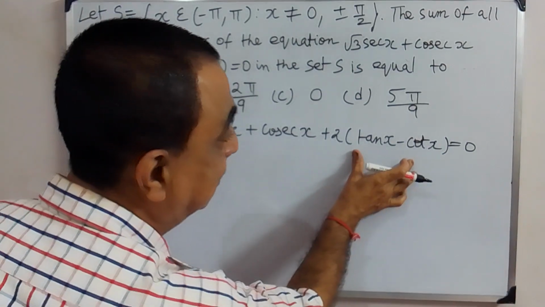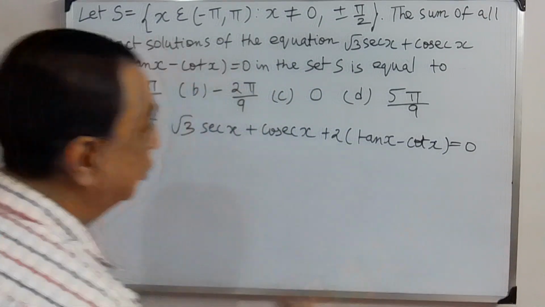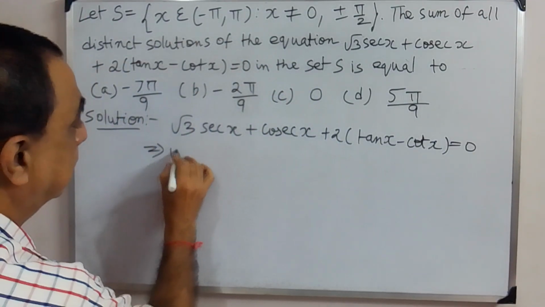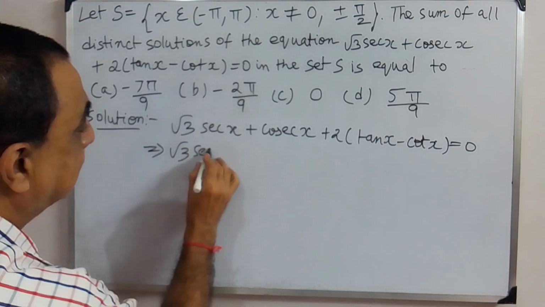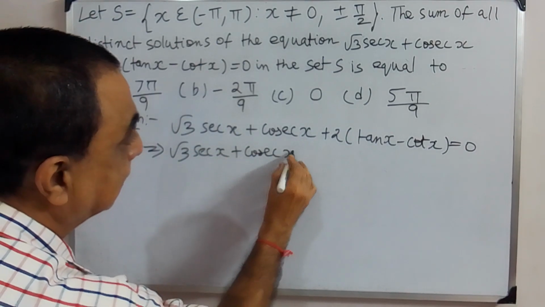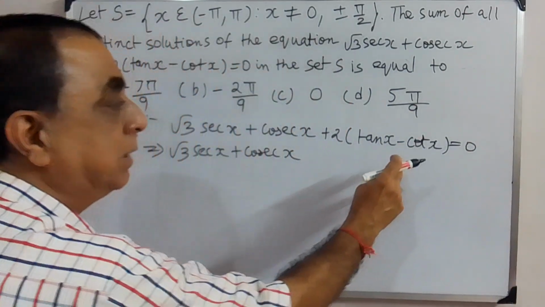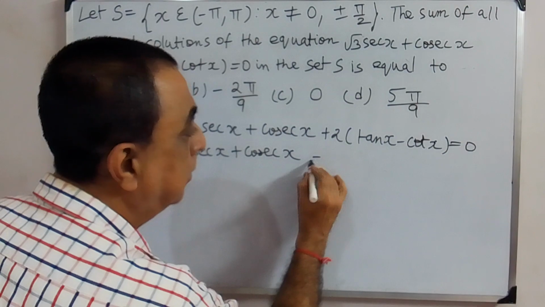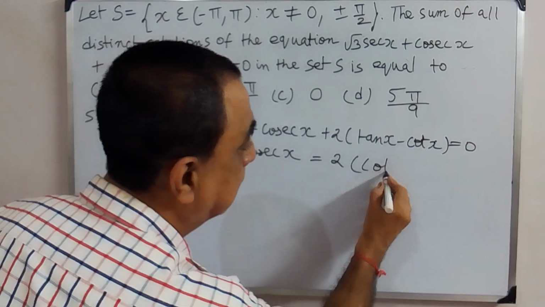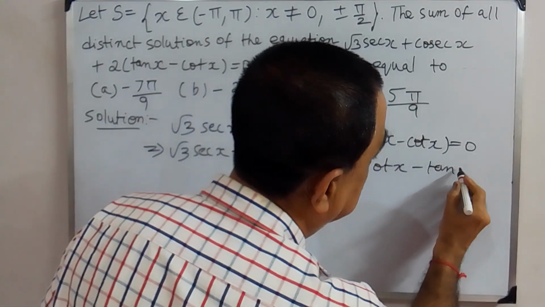I am taking the terms inside the bracket to the other side of the equal sign. So this will become root 3 sec x plus cosec x, and when carried to that side, minus becomes plus and plus becomes minus. So minus cot x will become plus cot x and plus tan x will become minus tan x.